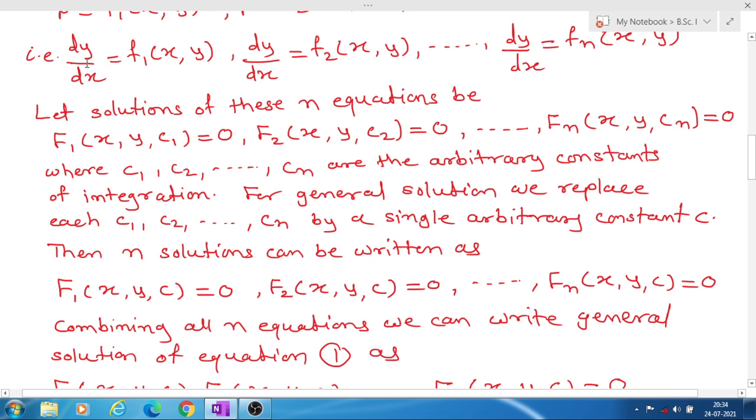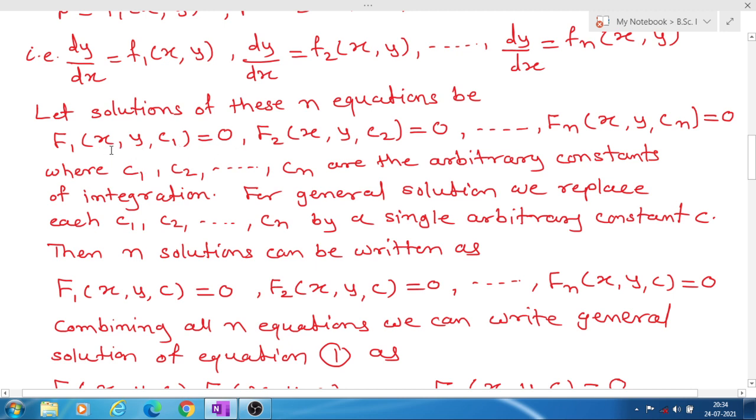So first, the equation dy by dx is equal to f1(x,y). Solving this, we get some function of x and y and some constant of integration c1. Therefore, we write the solution as F1(x,y,c1) is equal to 0.